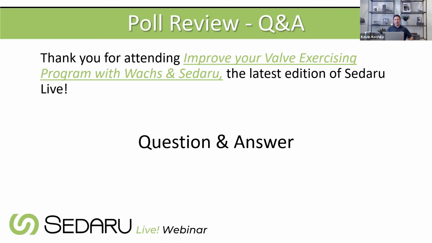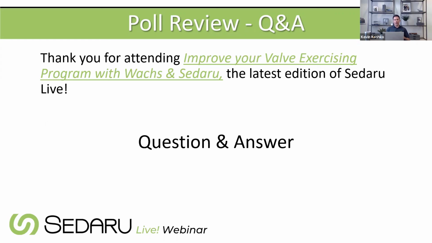The Wachs unit itself has some microprocessor algorithms on it that basically make it reach a certain torque level, back off a few turns, and then try another, iterated torque level, and basically go up and down the valve. Now, AWWA standards differ from that as far as the number of turns required and the number of operations it'll go up and down. So with Sedaru, we don't actually control the logic behind the Wachs unit.